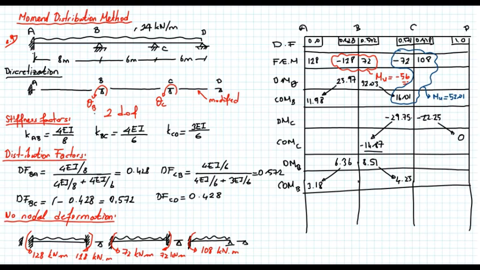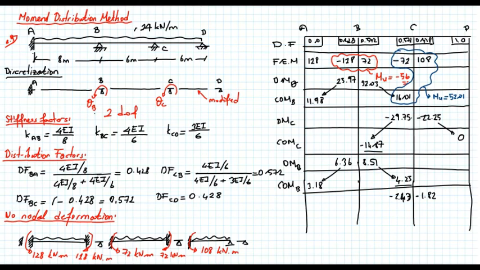Now C is not in equilibrium because this time I have another unbalanced moment that's equal to 4.25. Let's continue with one more cycle. Clamp B, release C, and then unbalanced moment is 4.25. So because of that reason, I see 2.43 here and minus 1.82 here.